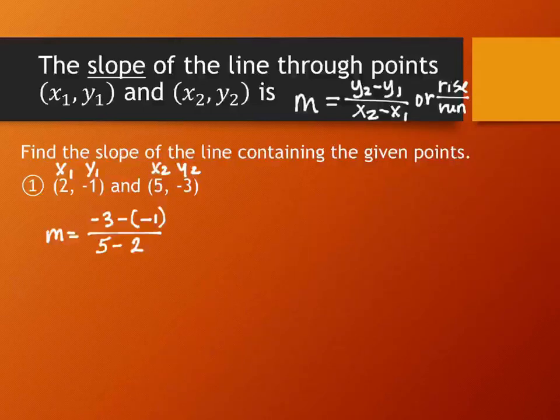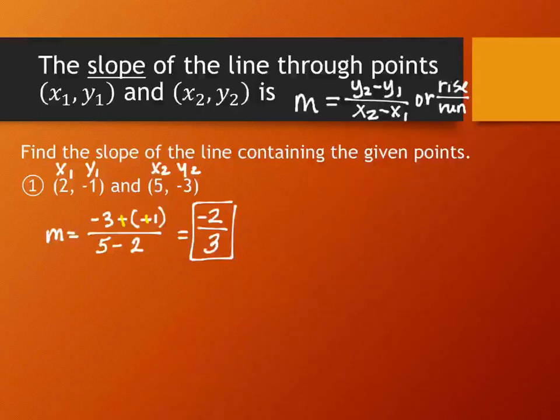Okay, so what's minus a negative? So I actually have -3 plus 1 on top now. So what is -3 plus 1? Good. On bottom, I have 5 minus 2, which is 3. 2 and 3 don't have anything in common. So we stop. My slope is -2/3.